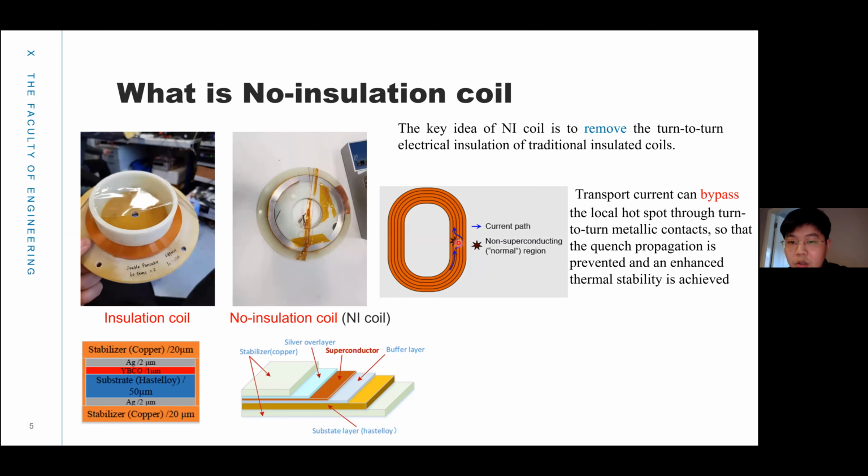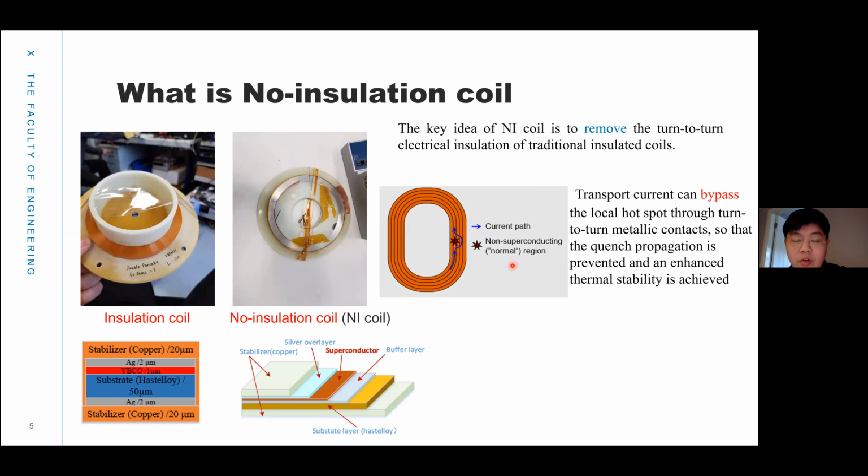So if a hot spot or damage or a quench happens at one point, the current can go through a bypass path to avoid this point and protect the coil.